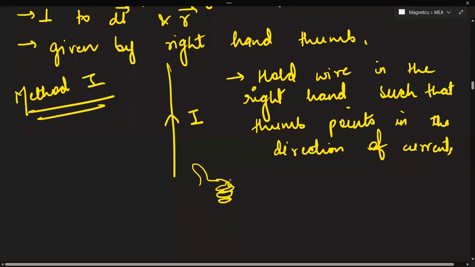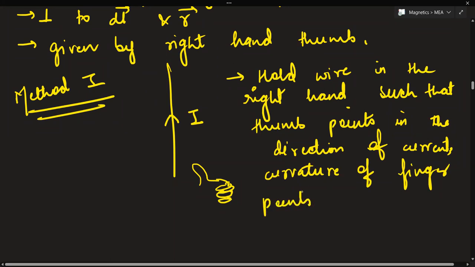So the curvature where your fingers are moving shows the complete direction of magnetic field. So curvature of fingers points along magnetic field. That is B.